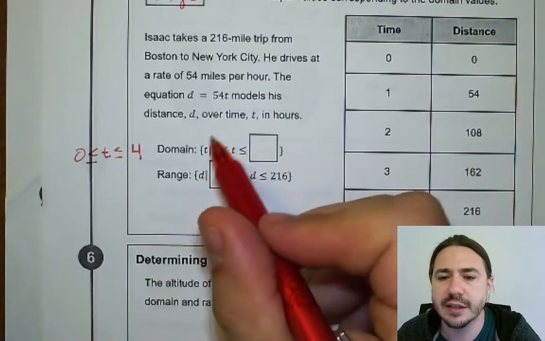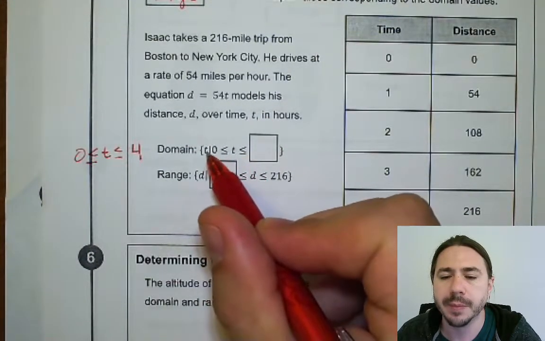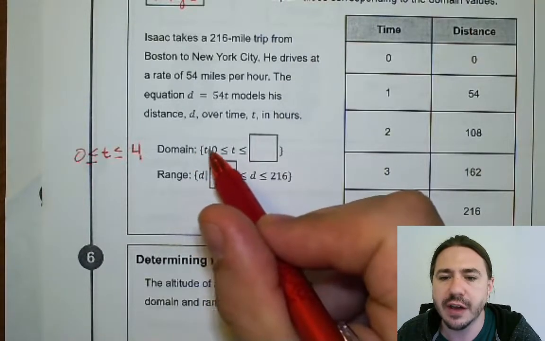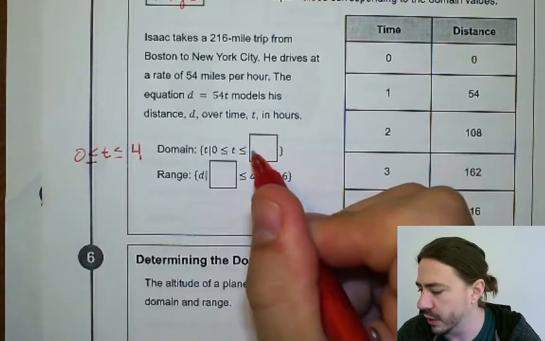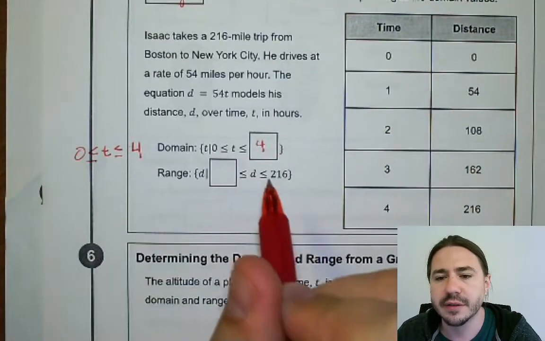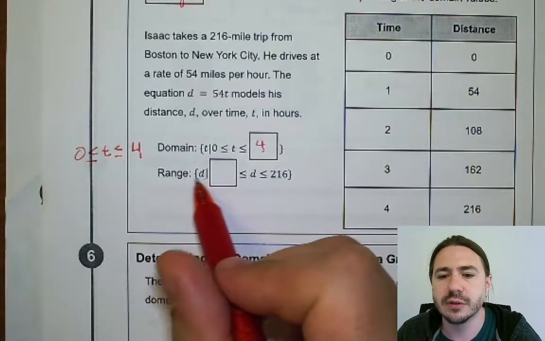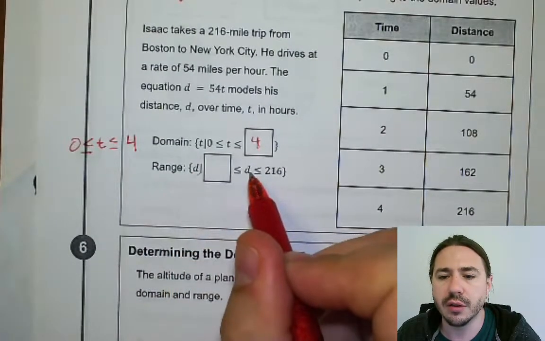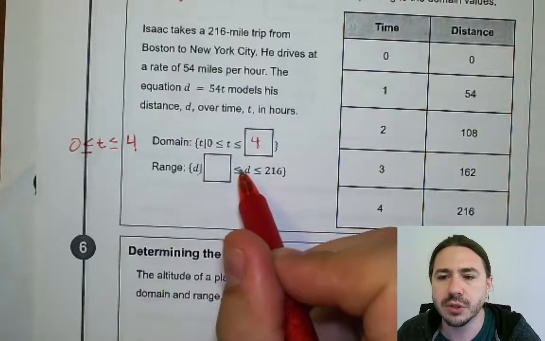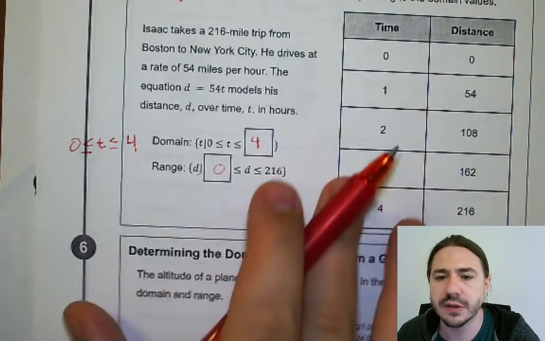So basically the way you read this is the domain consists of t values such that t is in between 0 and 4. Similarly, the d values, which make up the range, are all the d values in between 0 and 216.